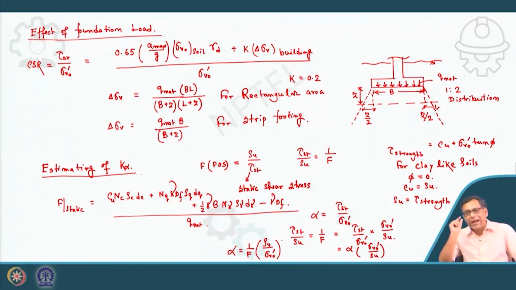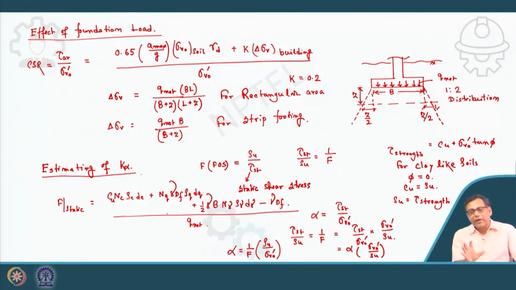So if I know the SU or Cu value, the shear strength of the soil at any depth, and if I know the unit weight, I will get your sigma V0 dash also, then I will get the alpha value. Clear? But how will I get the F? For F, I will calculate the net ultimate bearing capacity divided by the stress that is coming at the foundation base.